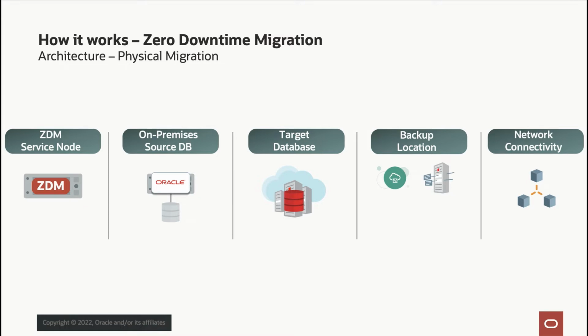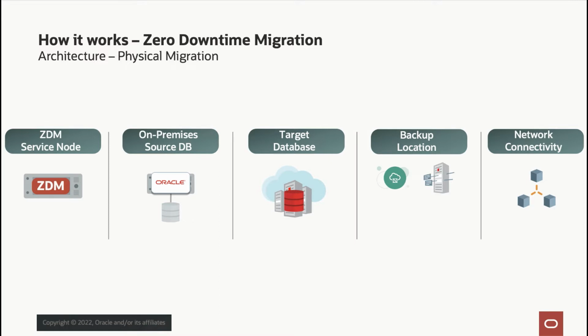Nothing fancy, nothing special. Now, we have the on-premises source database, which is your Oracle database that you're going to be migrating. Then we have the target database cloud service, which could be DBCS virtual machines, Exadata Cloud Service, Exadata Cloud at Customer, and of course, if you want, you can also migrate to Exadata on-premises with ZDM.